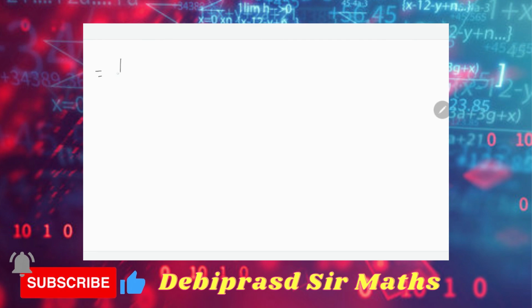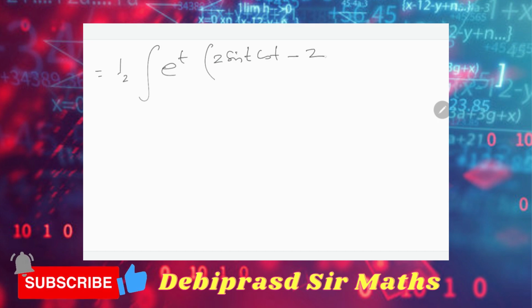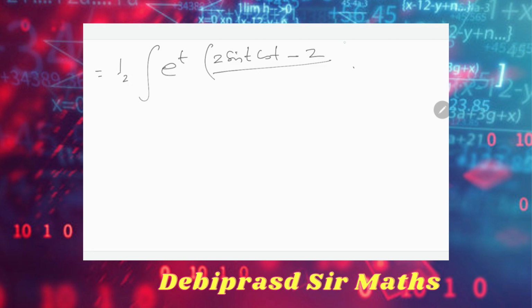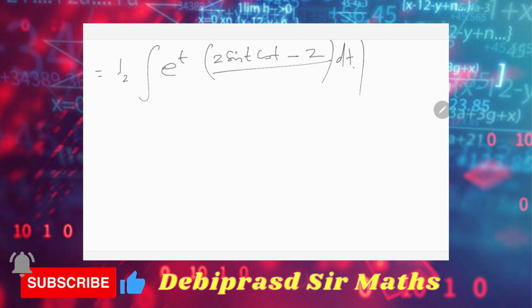Okay. Now I will use the formula of sine 2t. Half e to the power t, I will write down 2 sine t cos t minus 2, and in the denominator I will use the formula 1 minus cos 2t is equal to 2 sine square t.